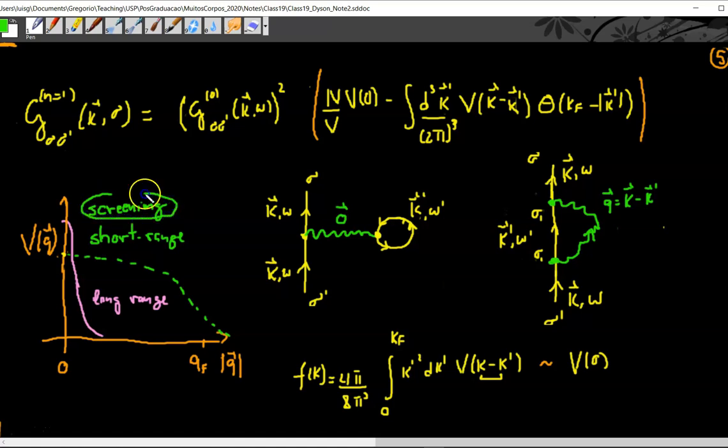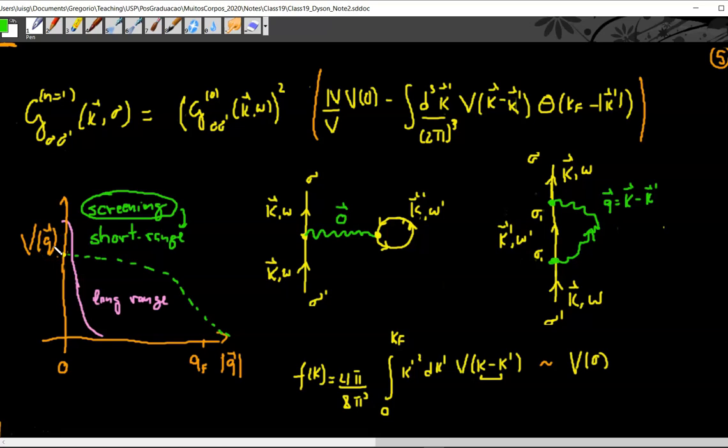The interactions themselves will renormalize the bare Coulomb potential and make it more short range, where then these terms will be important. So we're going to discuss that. This is a very important point with a strong physical meaning on the screening of the Coulomb interactions.